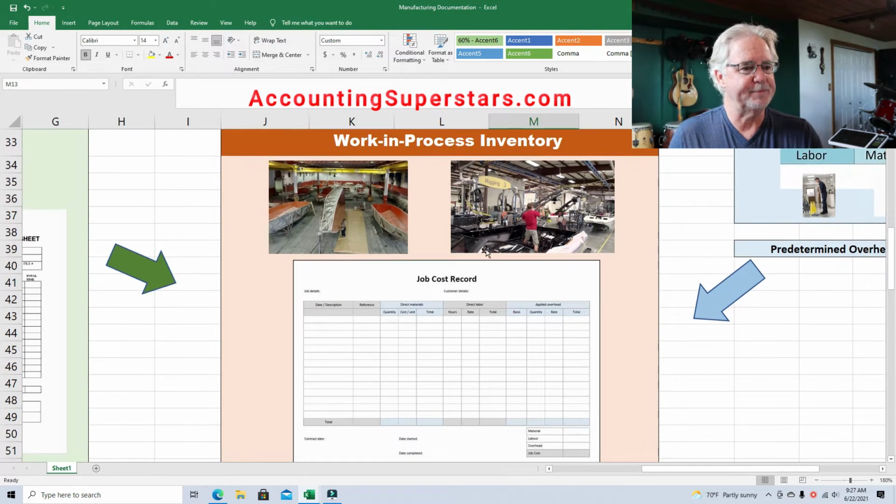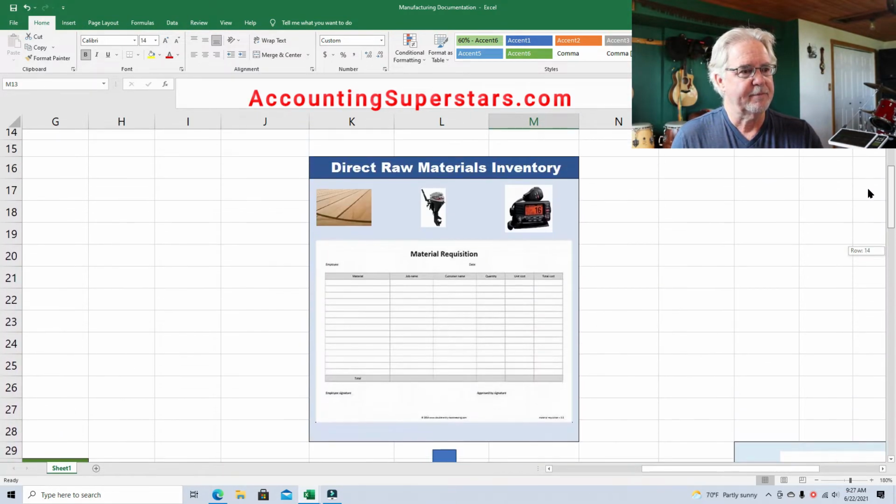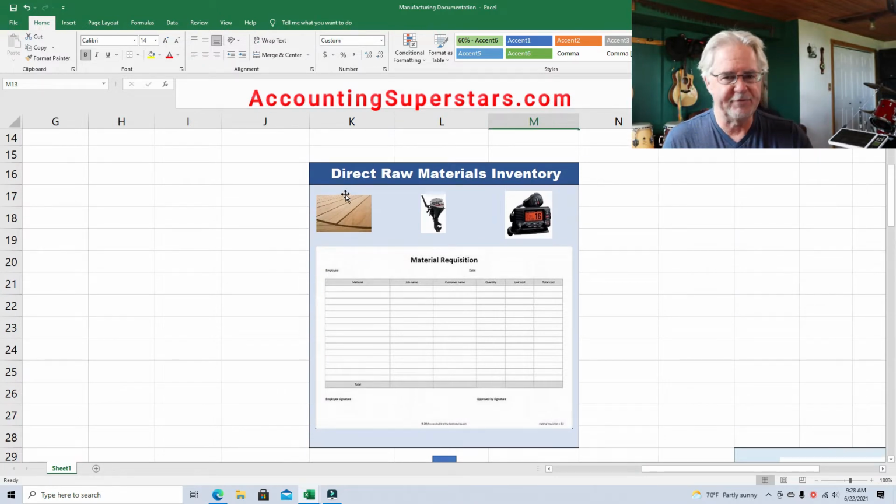So here's how it all works out. Suppose the guy here, we'll call him Bob, working on the boat in the red shirt, says, wow, I need some more raw materials for this boat. I need to install the engine, or the navigation lights or whatever. So he'll talk to the person who's in charge of the inventory up here, the direct raw materials inventory.